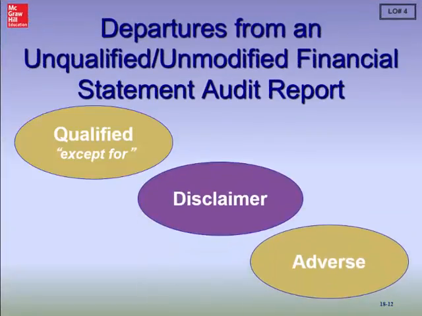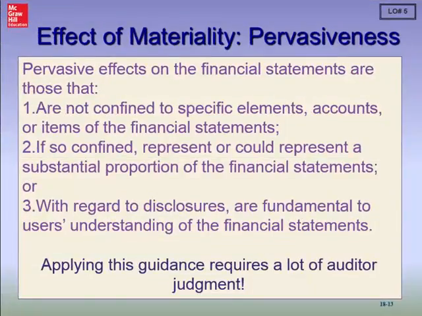Departures from an unqualified or unmodified report: in a qualified statement, we are using the term except for. In a disclaimer of opinion, we are not expressing an opinion. And in an adverse opinion, we are reporting an adverse opinion related to the financial statements.